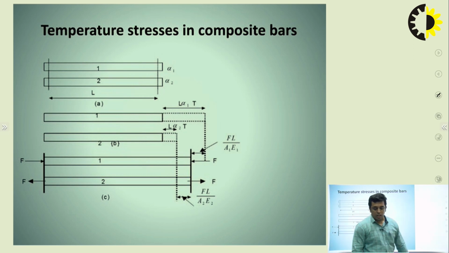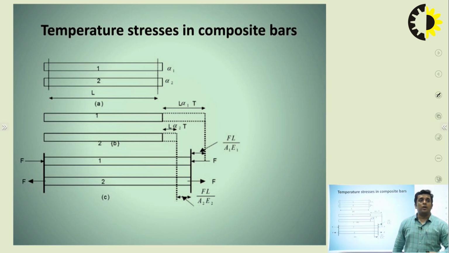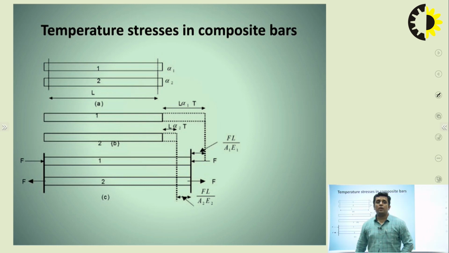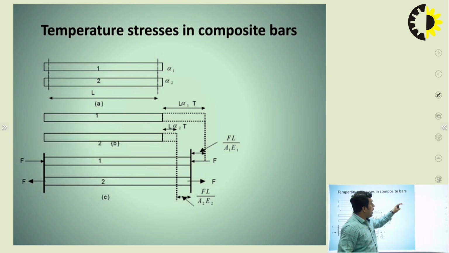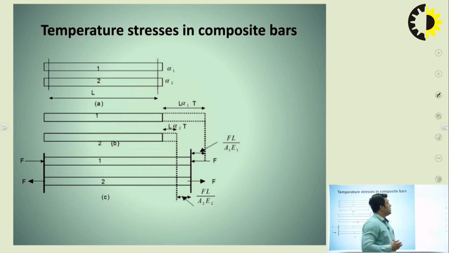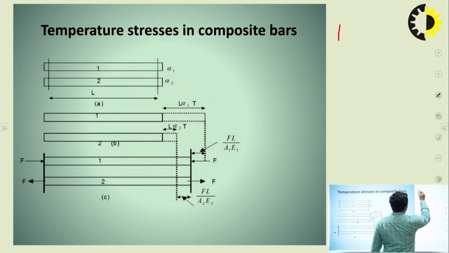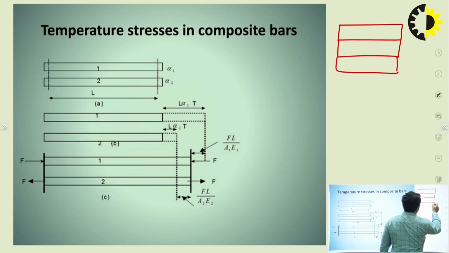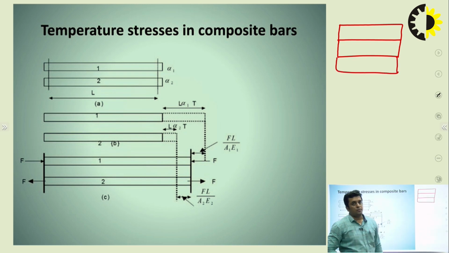Now this concept is being used whenever the members are in parallel. Whenever the members are in parallel, how to calculate thermal stress? To understand the concept, consider this figure.